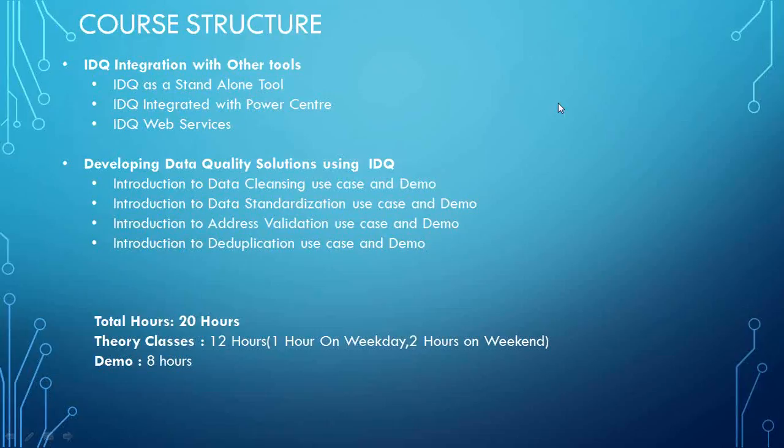So we would be doing 3 to 4 different types of data cleansing there. In a similar way, we would be doing different types of data standardization in the next use case, and even address validation and deduplication. Whatever transformations we have learned in the previous slides, we would be doing hands-on there, and using them again for these use cases. So you would be using them very often during this course.